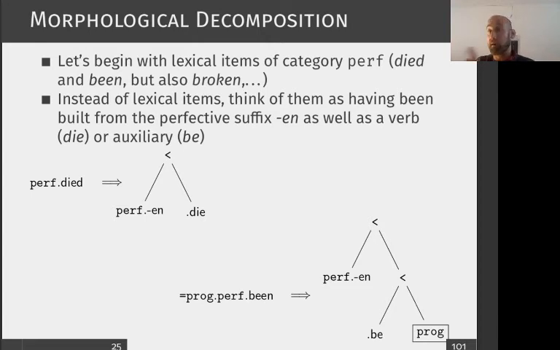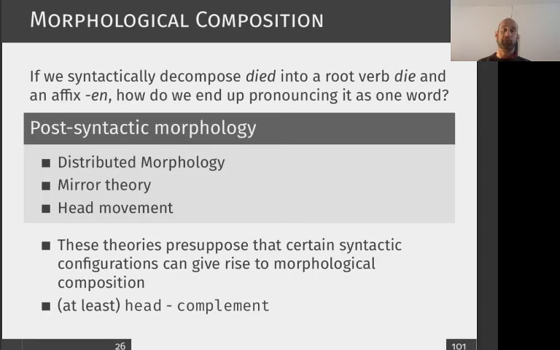So I have in a box, the sister of be in a box is prog. What does that mean? I intend that to mean there is anything in there of category prog, okay? Once we have that, then we can construct that structure which will behave as that lexical item there, okay? So now we've decomposed died into a root verb die and an affix en.